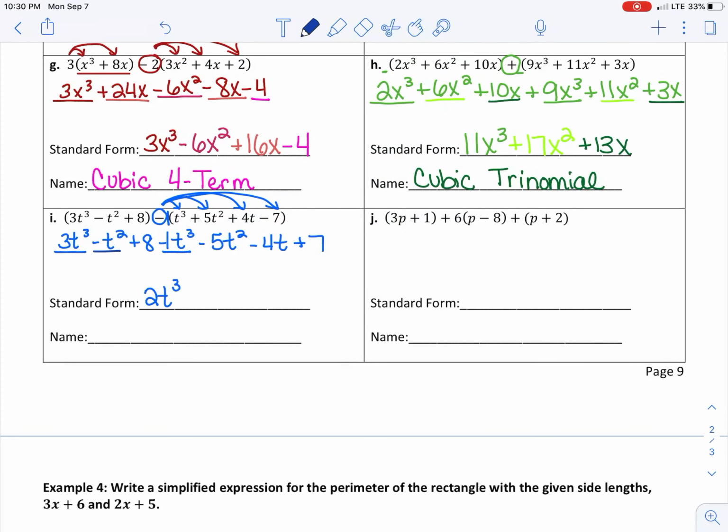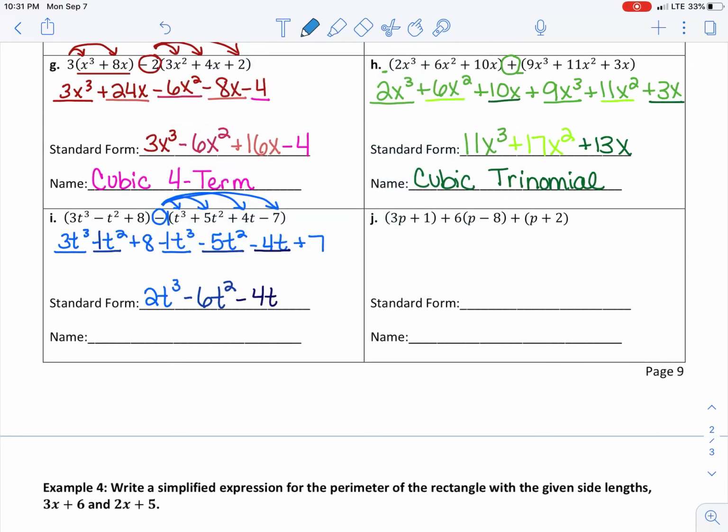Then here we have -t to the second and -5t to the second. That's a -1 basically. So -1 minus 5 more is -6t to the second. We can't forget about this -4t here. There's no other just t terms, so we're just going to rewrite that and bring that down.